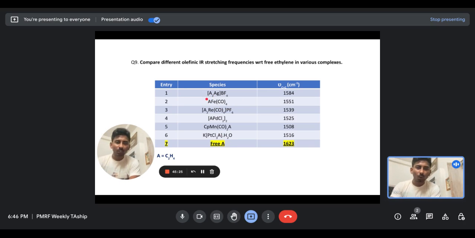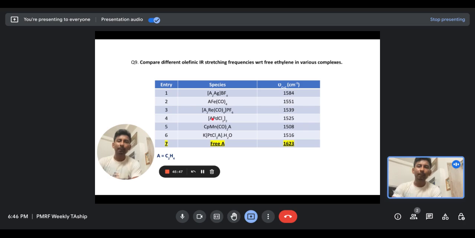Here you can see, the first one is A2AgBF4, which has an IR stretching frequency of 1584. The next one, AFe(CO)4, has the value 1551. The next one, A2Re(CO)4+ PF6-, has 1539.